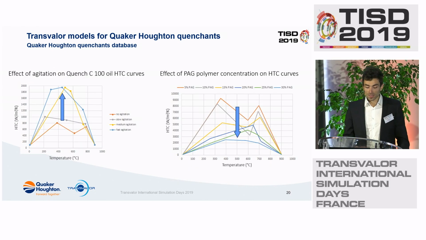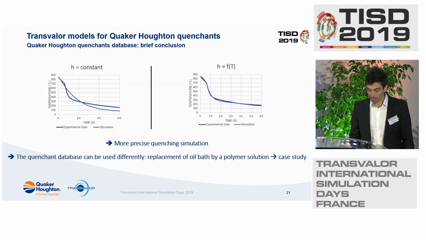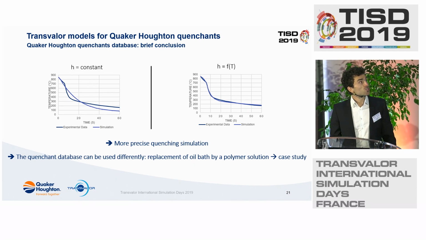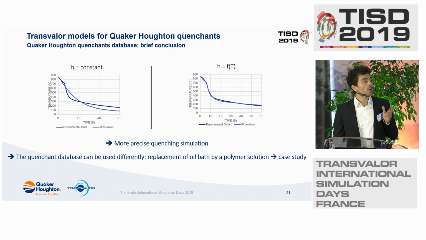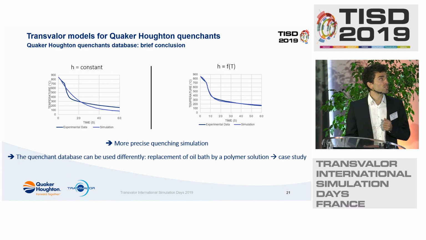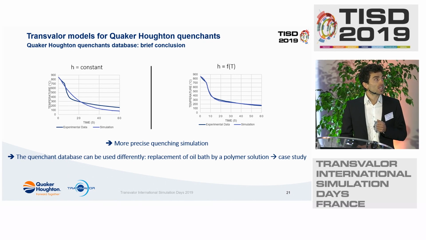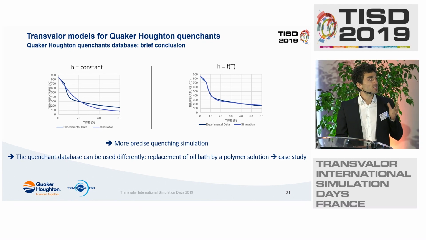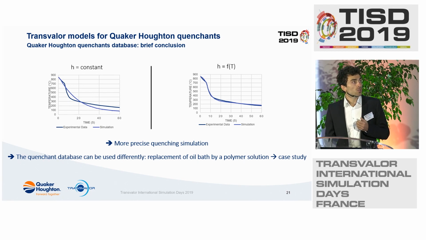Okay, I will pass this one, but that's the same aspect. So to briefly conclude, I will say that this work can be described here by these two graphs. Using the Quaker Houghton quenchant, you can use the database directly and you will have accurate results during your quenching simulation.